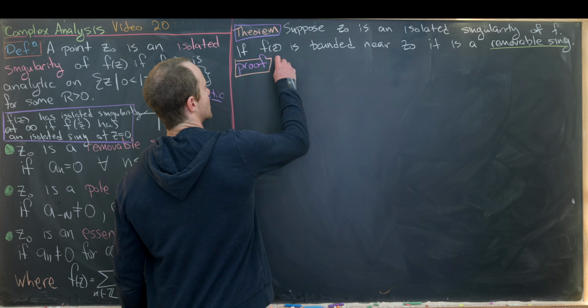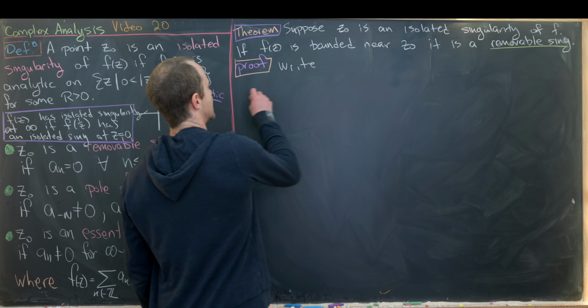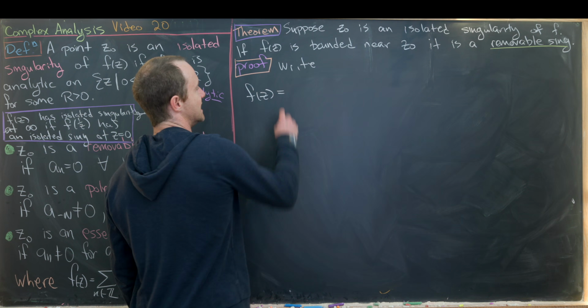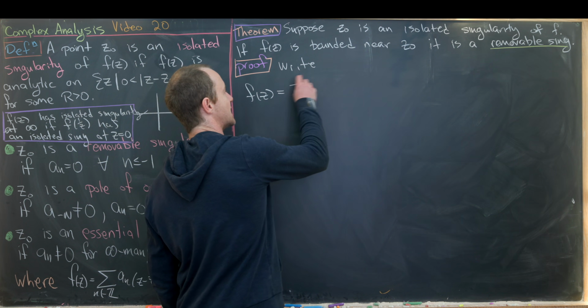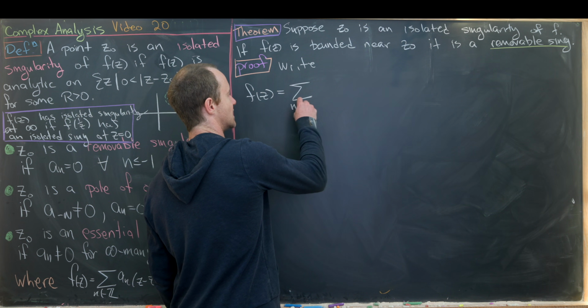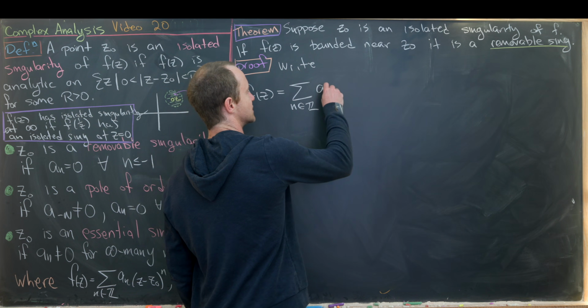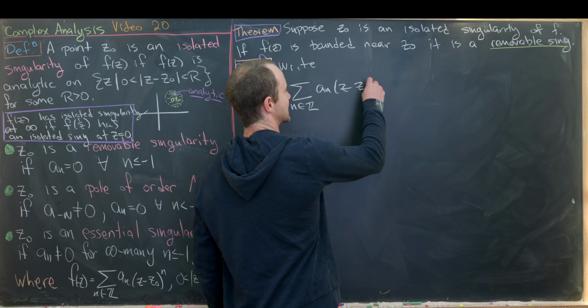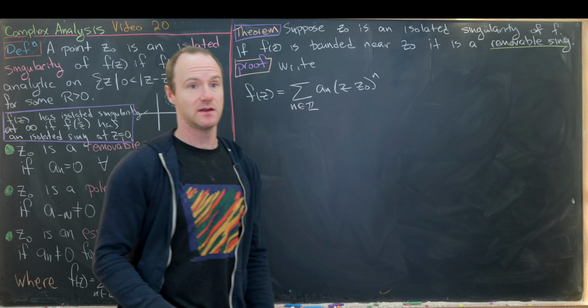We're going to start by writing f of z via its expansion. We know it expands as a Laurent series, which is the sum as n goes over the integers of a sub n times z minus z0 to the n.